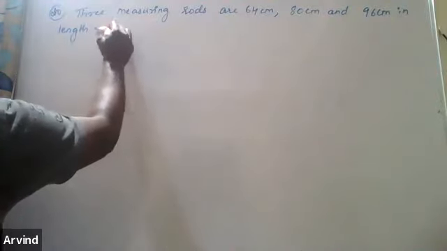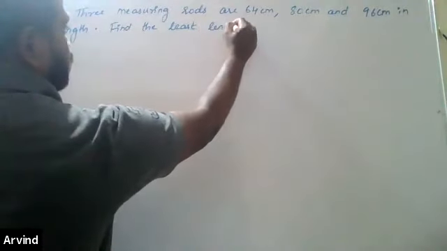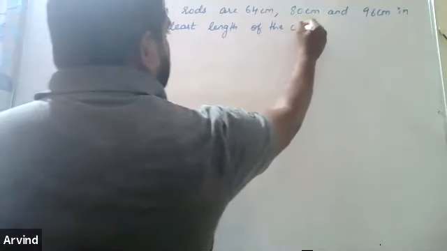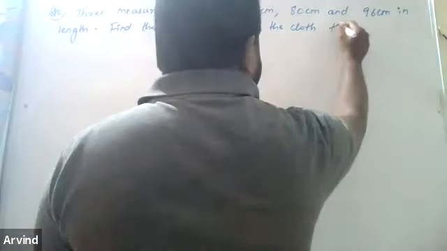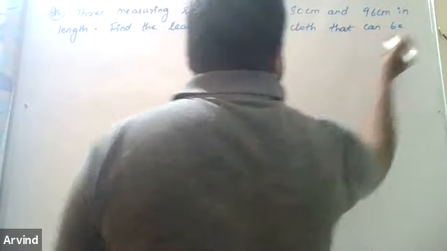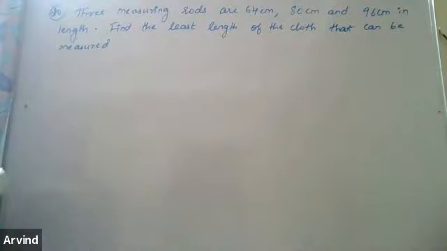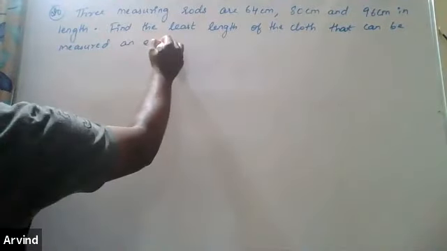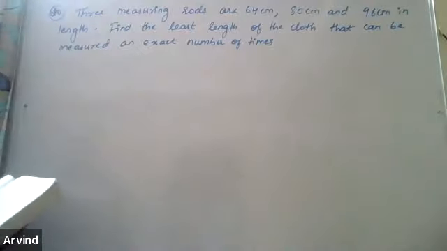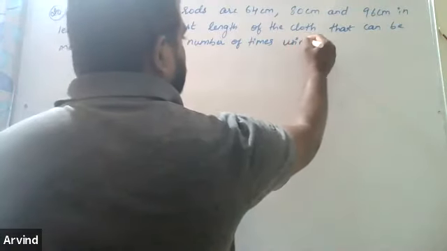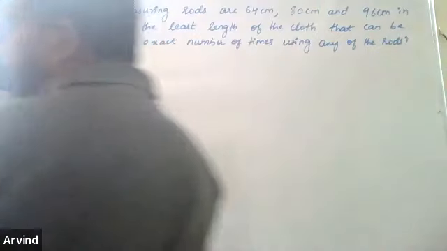Find the least length of the cloth that can be measured an exact number of times using any of the rods.